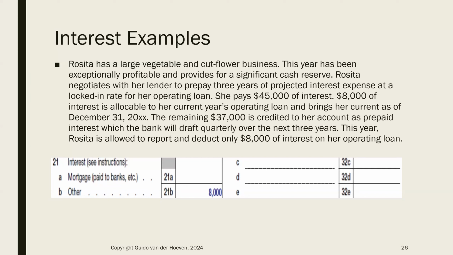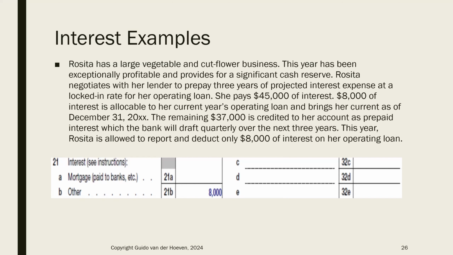The remaining $37,000 is going to be credited to her account as prepaid, and they're going to draft quarterly over the next 3 years. And this way, Rosita in the current year is only going to be allowed to deduct $8,000 of interest on her operating loan.